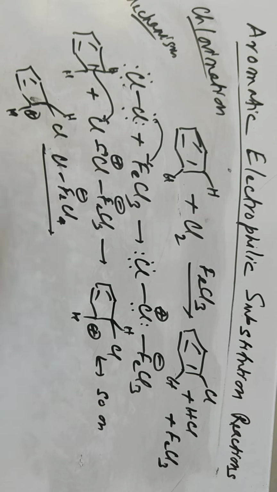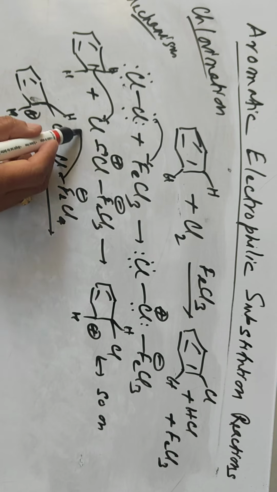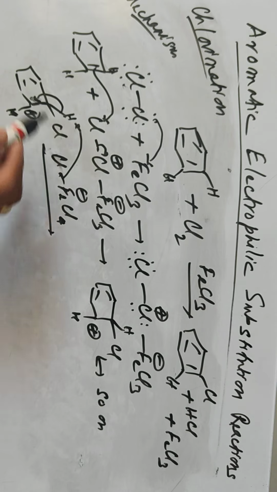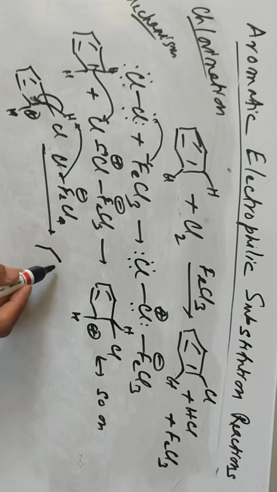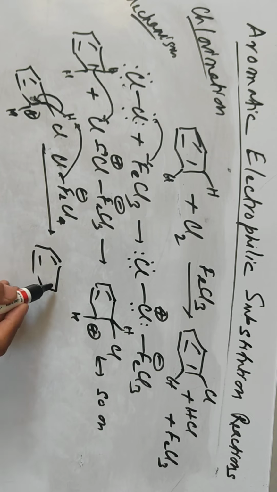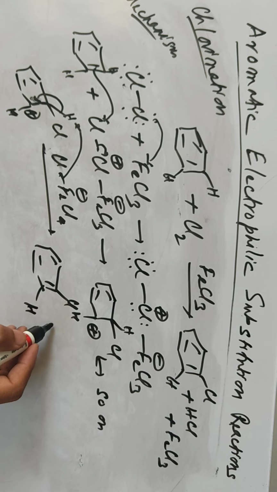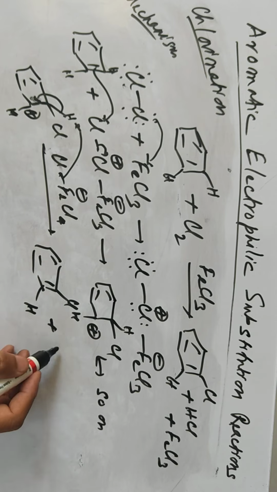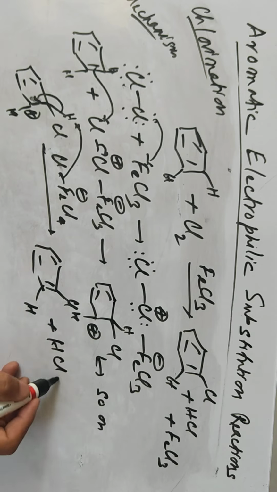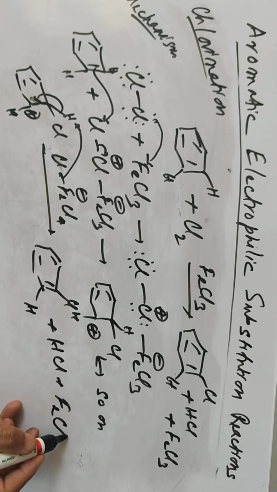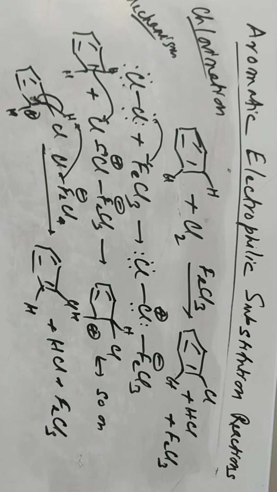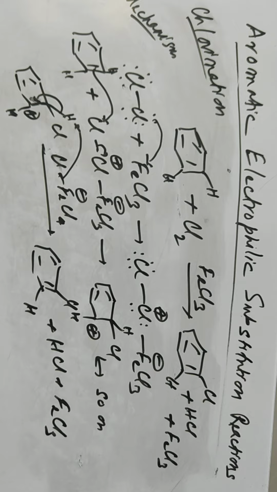Now this attacks, picks up the proton from the carbocation to get HCl. So we get the final product, chlorobenzene, and we get HCl, and the ferric chloride is regenerated, just like the earlier case we discussed in bromination. So this is about chlorination.